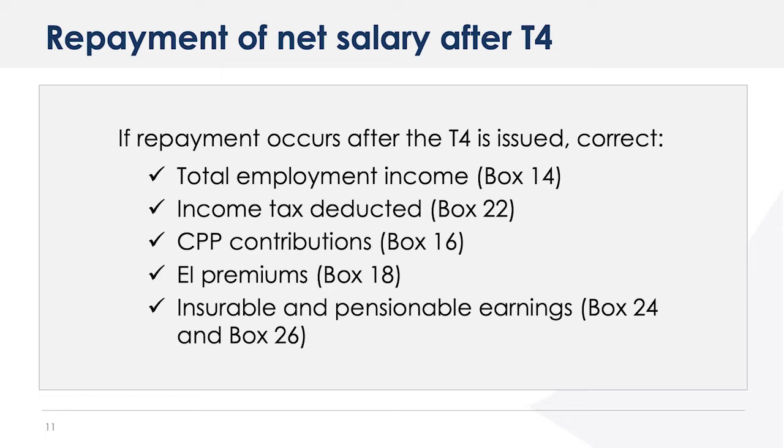If the employer already issued an original T4 slip for the year the salary overpayment was made, they must prepare an amended T4 slip and reduce the following by the amount of the overpayment: total employment income, box 14, income tax deducted, box 22, CPP contributions, box 16, EI premiums, box 18, insurable and pensionable earnings, box 24 and box 26.